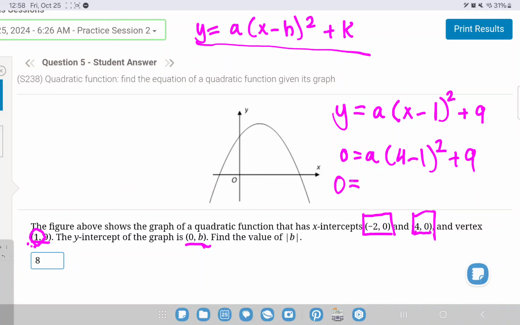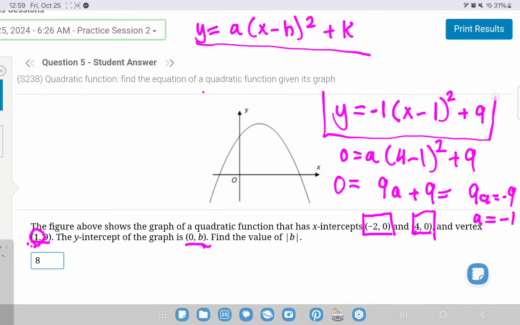So 0 equals 3 squared, which is 9A, because you need to multiply it with the A, don't forget, plus 9. So what this means is 9A equals negative 9. A equals negative 1. Okay? So now we found our whole equation. We're gonna replace the A here with negative 1, since we found it.